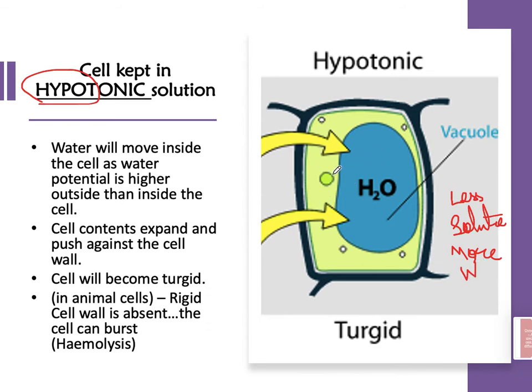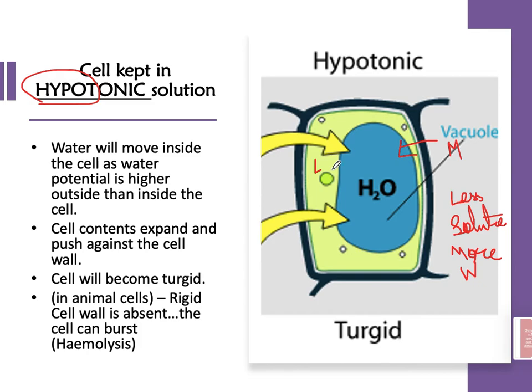So inside the cell there is comparatively less water and outside there is more water. So water will start going inside your cell, right? So the cell is kept in a solution where the concentration is comparatively less. That means more water, less solute, and that will result in movement of water inside.